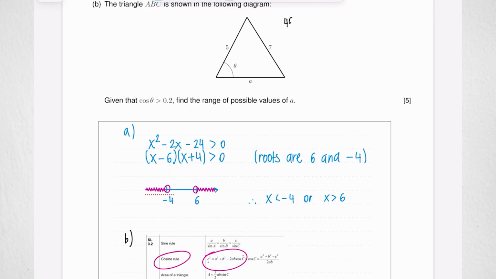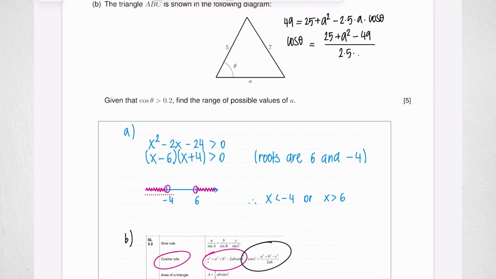We get 49 equals 25 plus a squared minus 2 times 5 times a times cosine of theta. And if you isolate cosine of theta over here, and that's why using this version would actually save you a few steps, we get (25 plus a squared minus 49) over (2 times 5 times a).